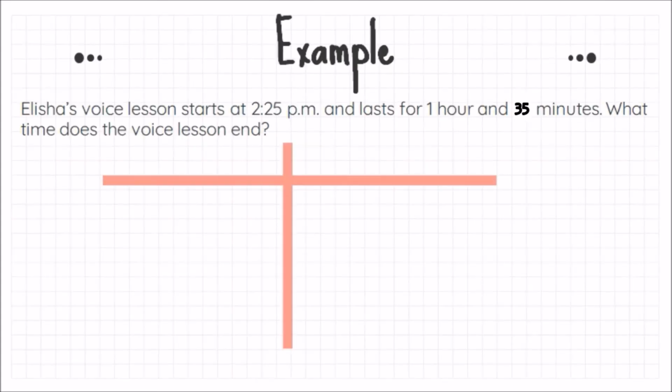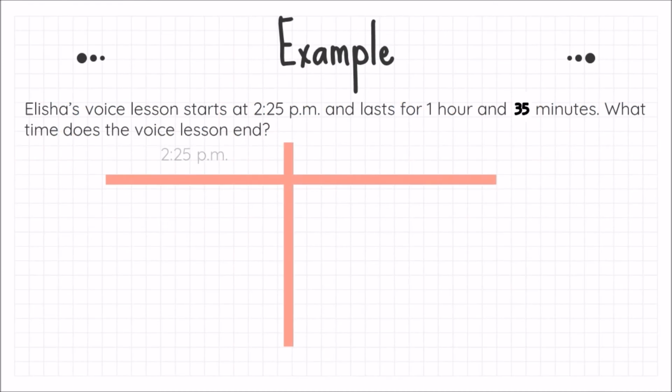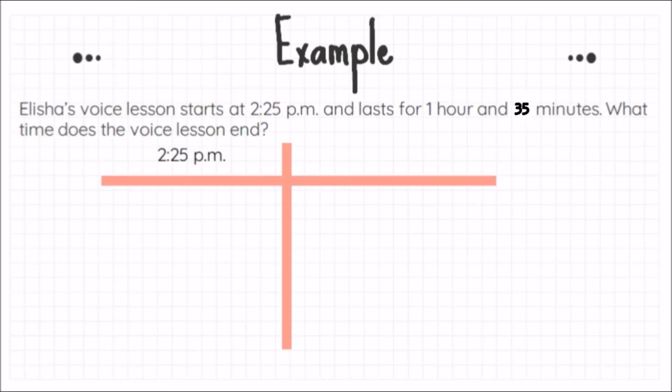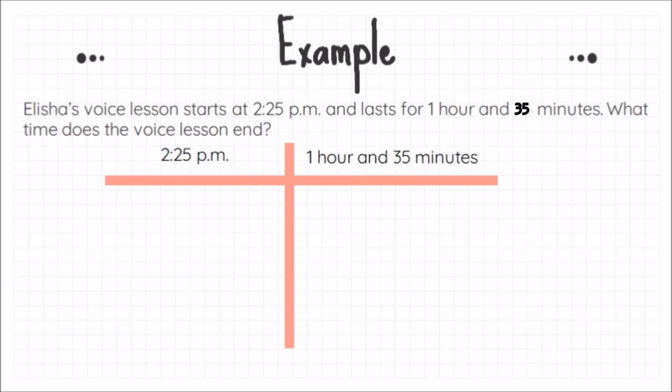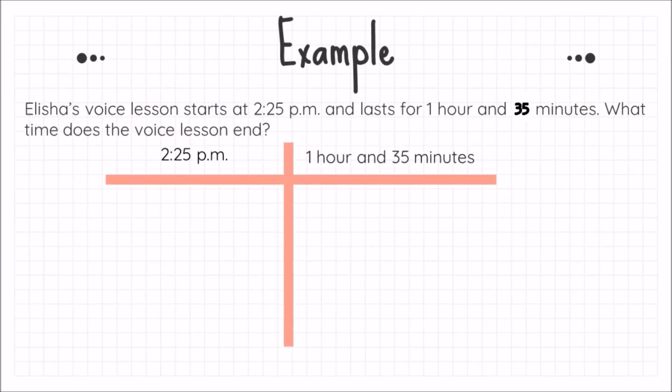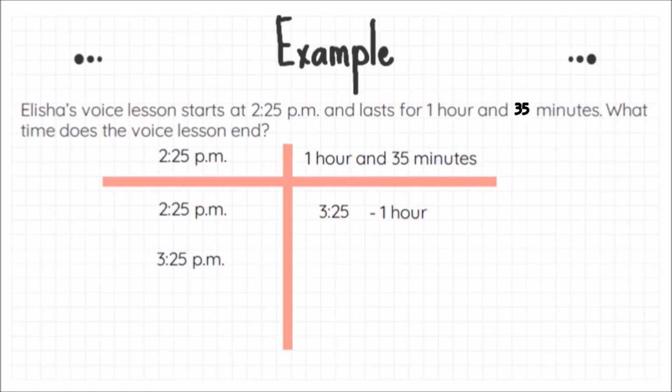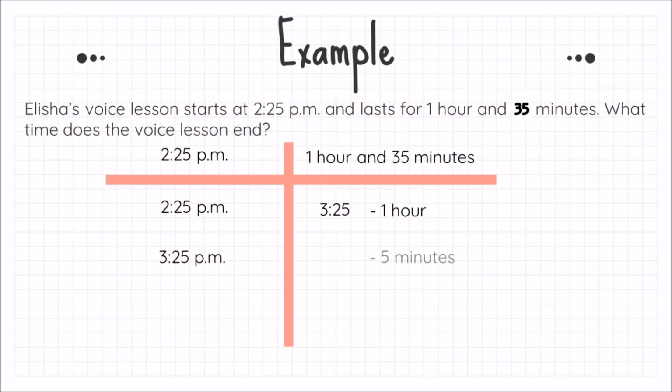So we will start by drawing a T-chart. What time does the voice lesson start? That's right. The voice lesson starts at 2:25 and the elapsed time is 1 hour and 35 minutes. Let's start by adding 1 hour. 2:25 p.m. plus 1 hour takes us to 3:25 p.m. We still have 35 minutes to add. From 3:25, let's add 5 minutes.